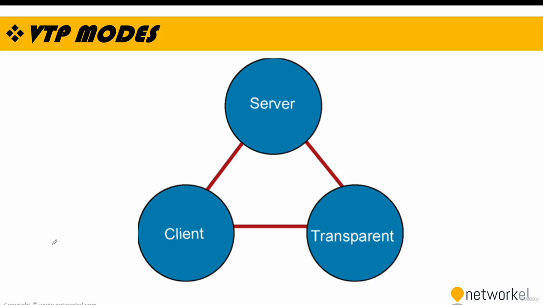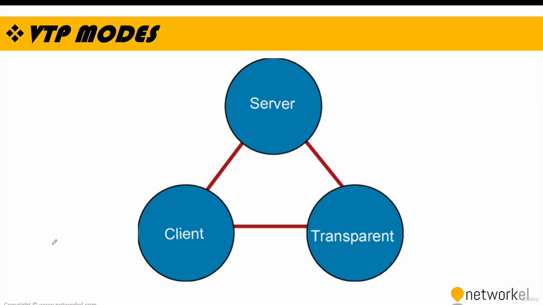And VTP transparent mode: the switches which are in transparent mode don't participate in VTP, and do not advertise or learn VLAN information from other switches, but they can create, modify, and delete VLANs locally.